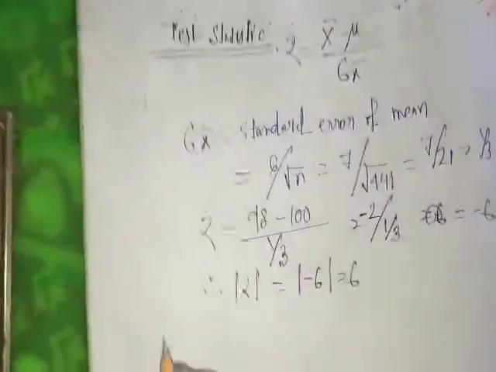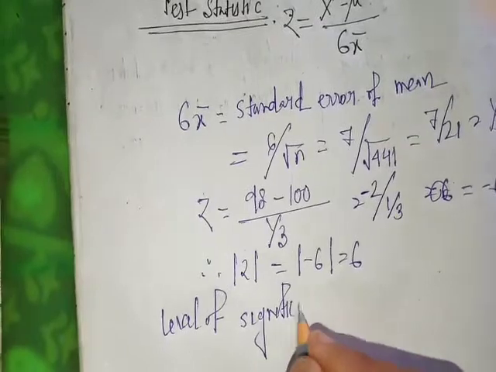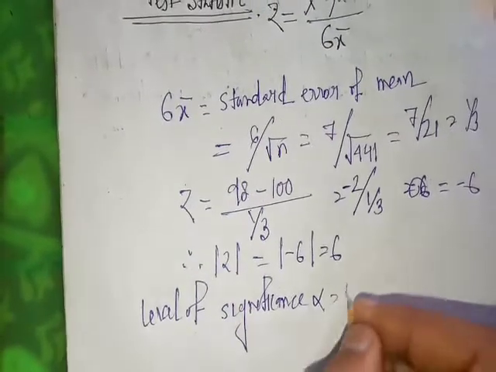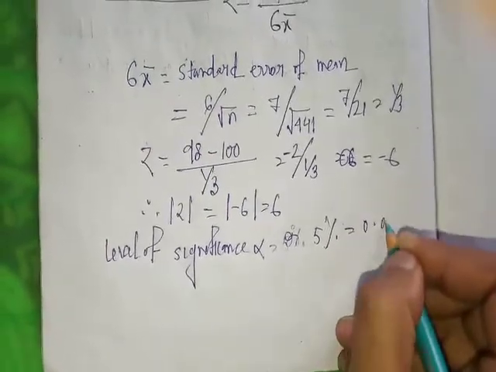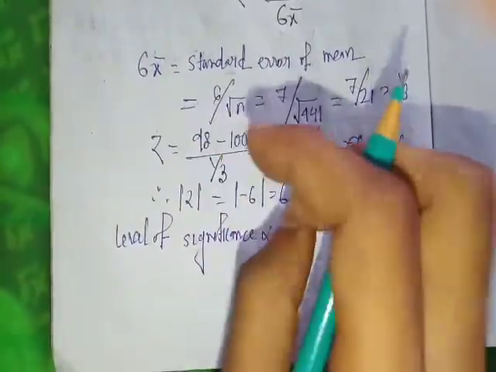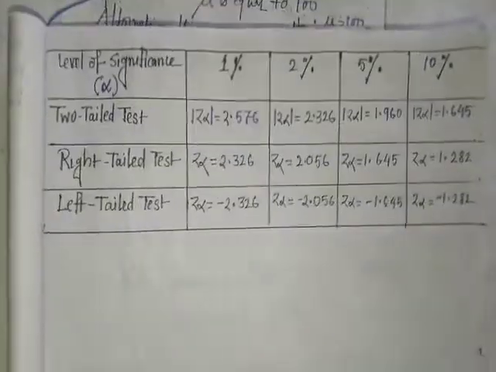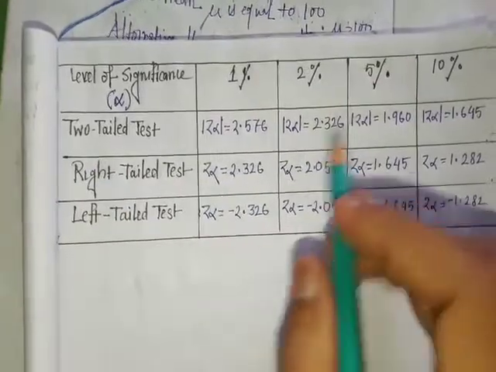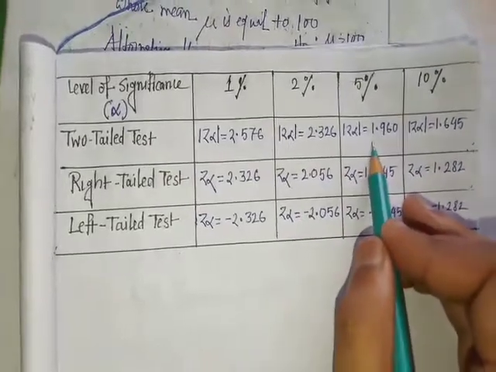Given that the level of significance is 5%, alpha equal to 5%, that is 0.05. So the critical value of z alpha at 5% level of significance for a two-tailed test is 1.960.